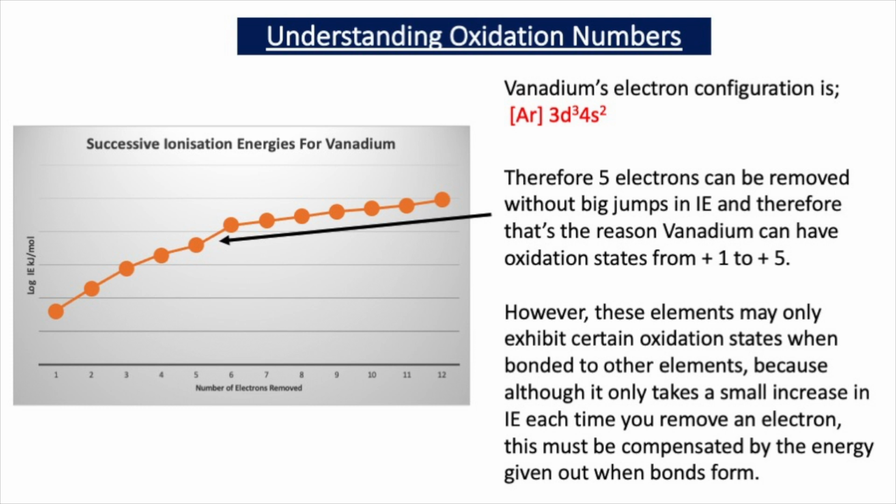You could have a scenario where a transition element doesn't use all its 4s and 3d electrons when bonding to a certain element, because not enough energy is given out when forming bonds to this element to compensate for the extra ionization energy that would be needed to remove these electrons.